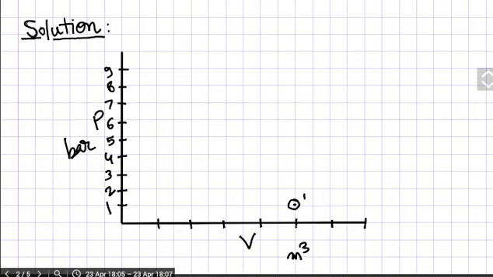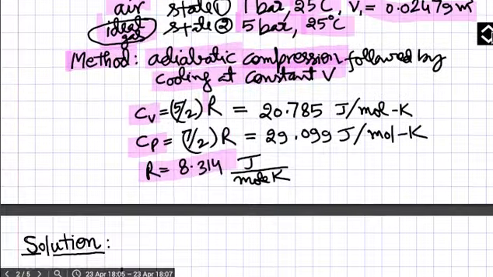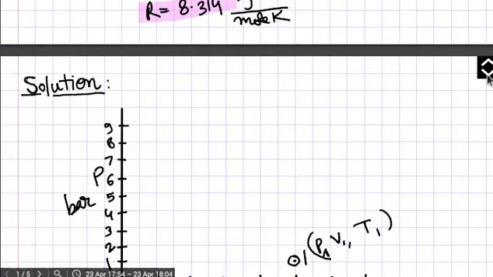This is state 1, and P1, V1 and T1 are its state parameters, and the pressure is 1 bar, as you can see here. Then you need to change it up to 5 bar, and the temperature is 25 degrees.